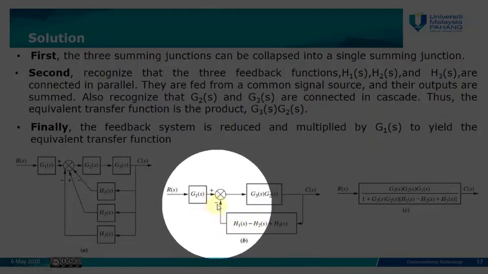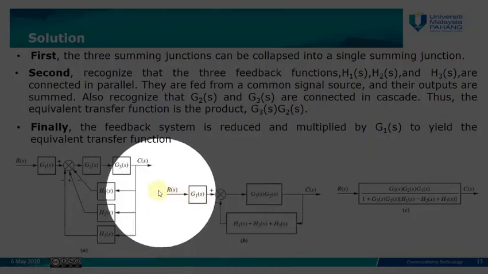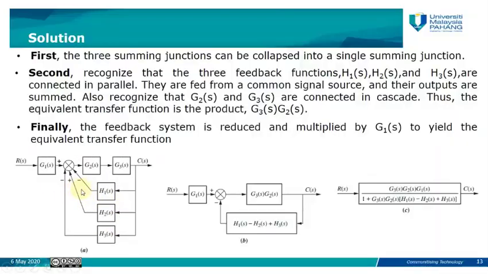So here you can see negative for H1, still the same, negative for H1, and negative times negative, so it becomes positive for H2, and negative times positive, so it's still negative for H3. So we can see here how we simplify these three feedbacks into a single feedback, because they are connected in parallel.